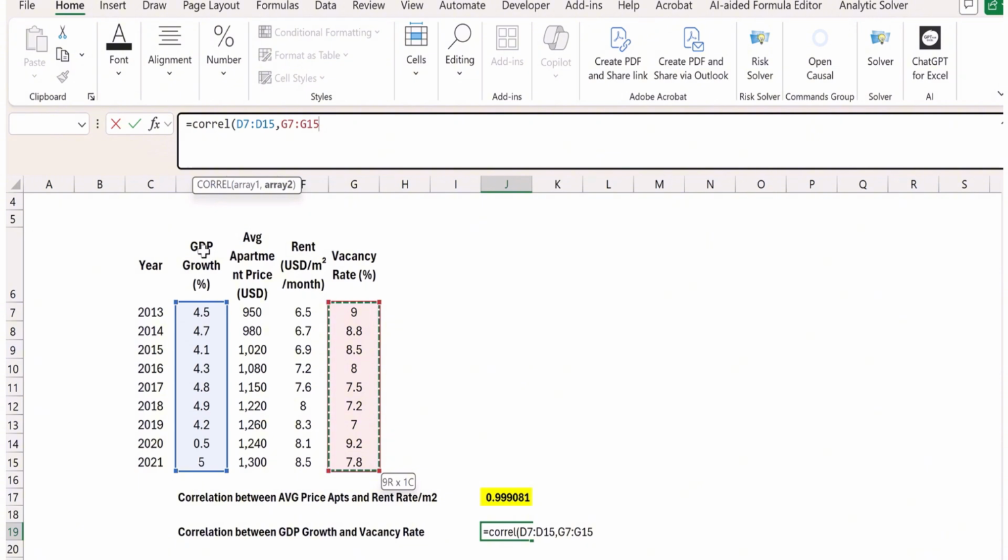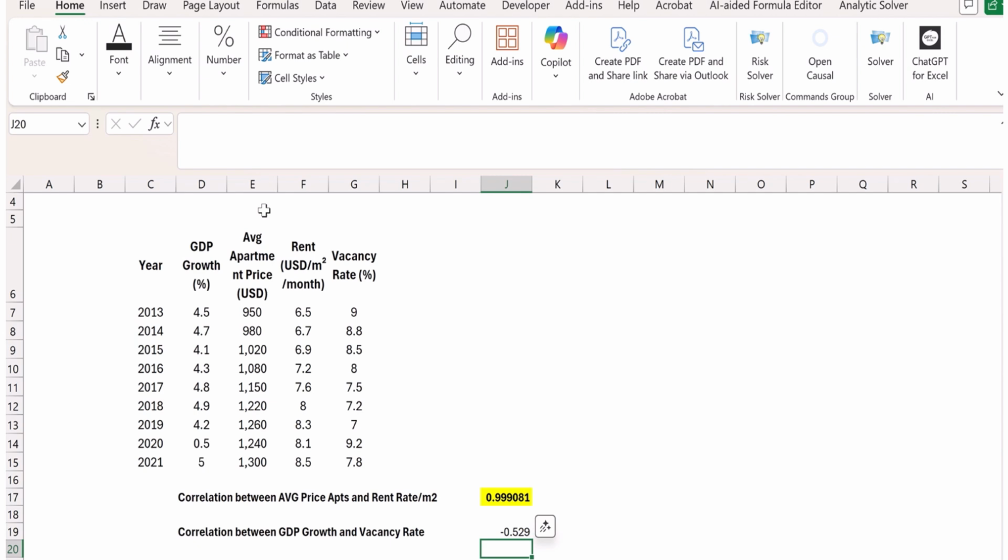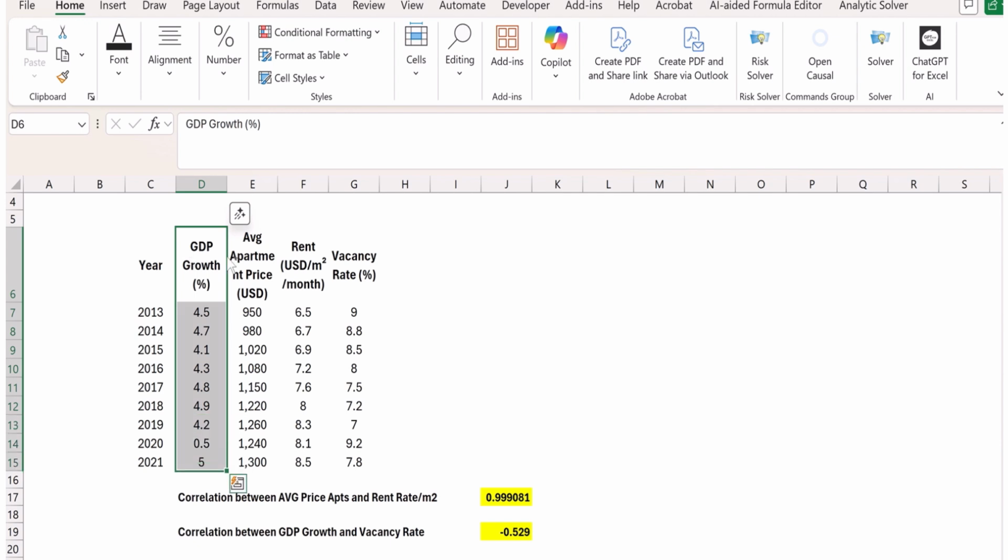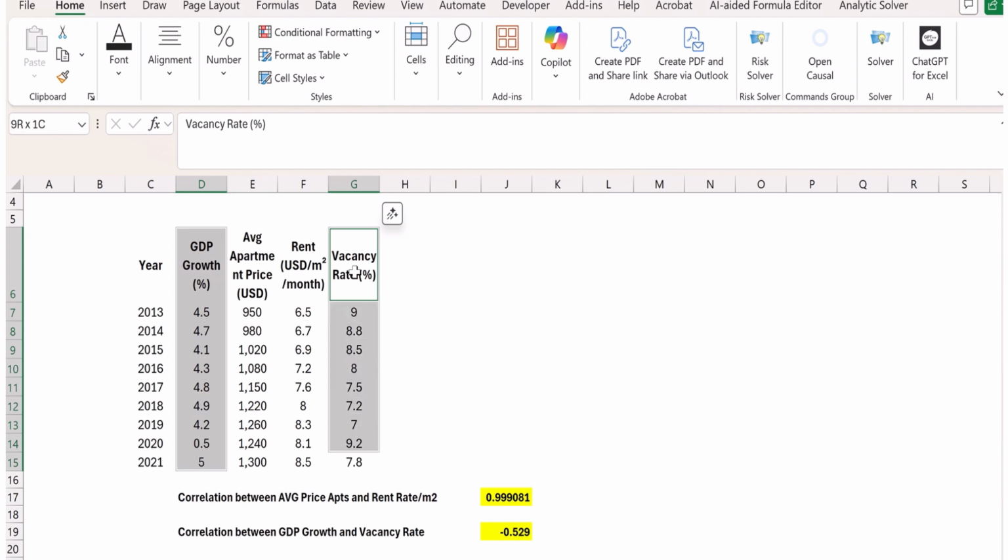Let's select, yes, okay. And you can see that the correlation is negative as what we're saying, and it's not as strong as the first correlation. Now let's plot this to see visually how correlated these variables are, and it will show plots in the graph that are a little bit dispersed.